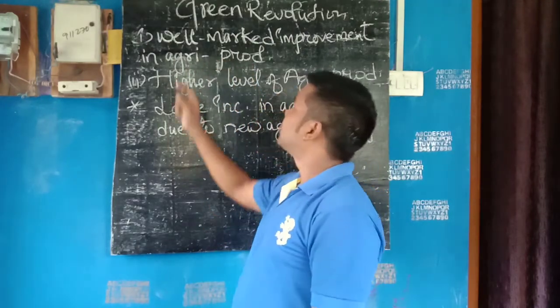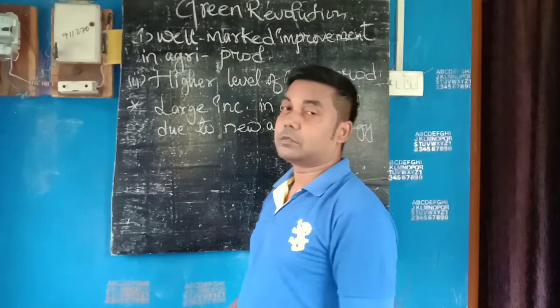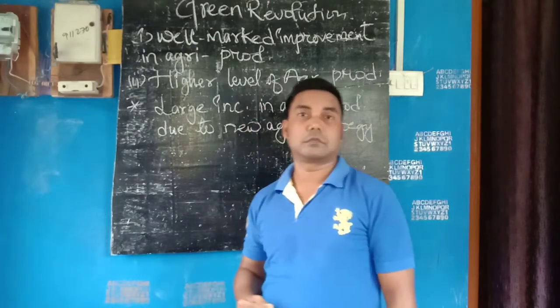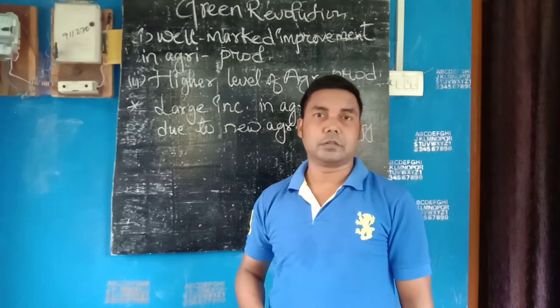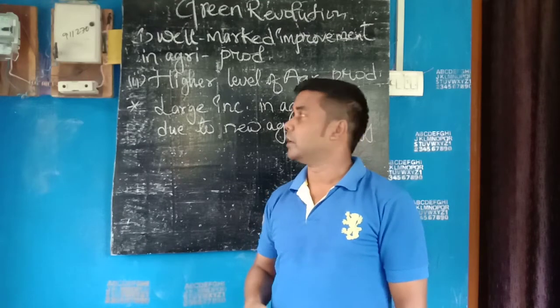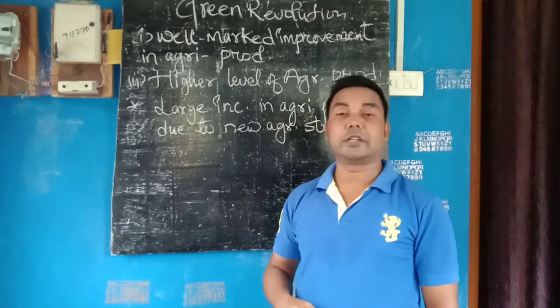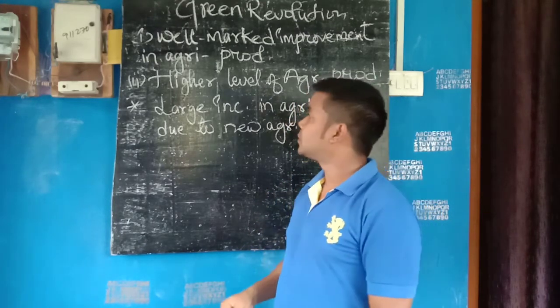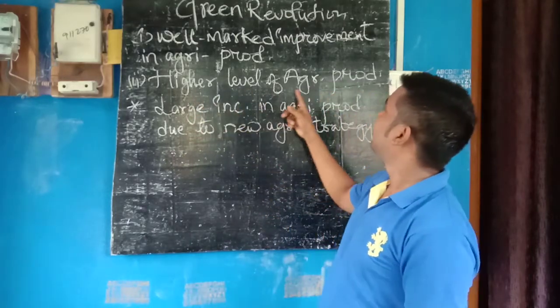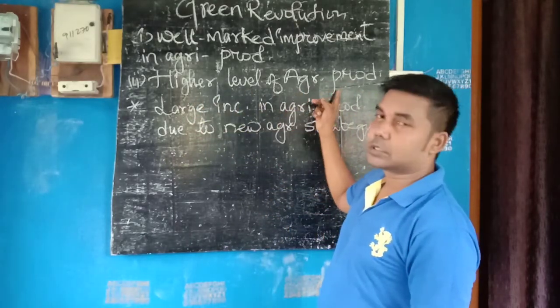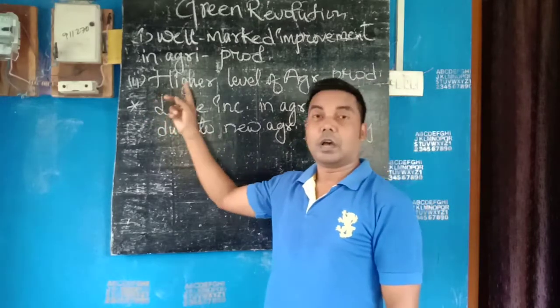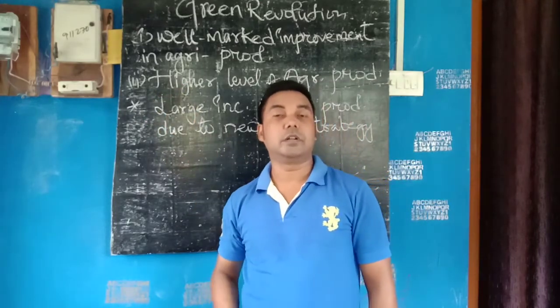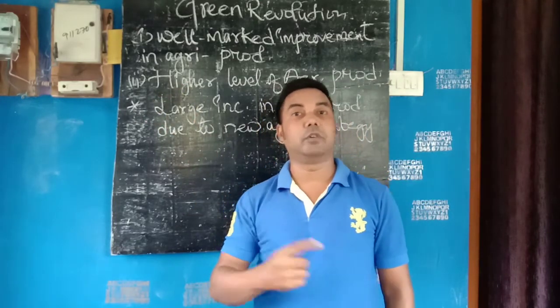So it implies well marked improvement, means a very good improvement, you can say, a very nice improvement in agricultural production. Next point, if you see, higher level of agricultural production. It implies higher level of agricultural production as compared to earlier one.